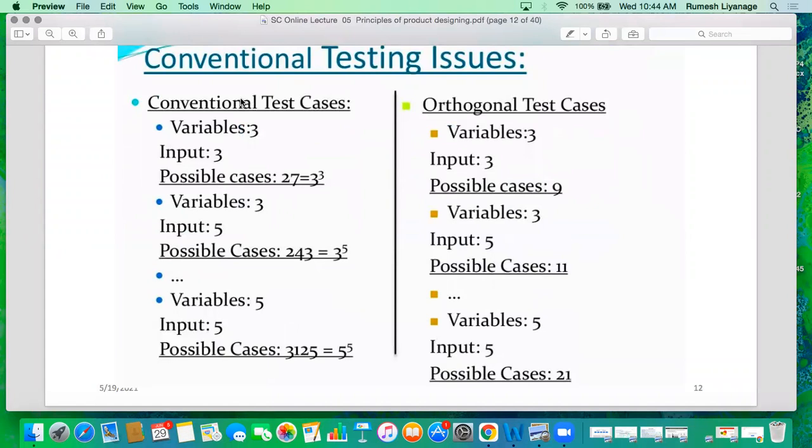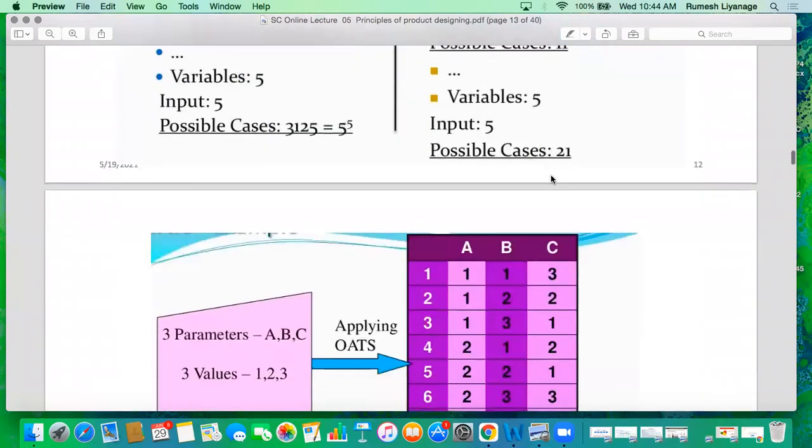Conventional means factorial designs, which we have already discussed. If there are 3 factors at 3 levels, we have to do 27 trials. But in orthogonal test cases, if there are 3 variables and 3 levels, we have to do only 9 trials. That is the difference.